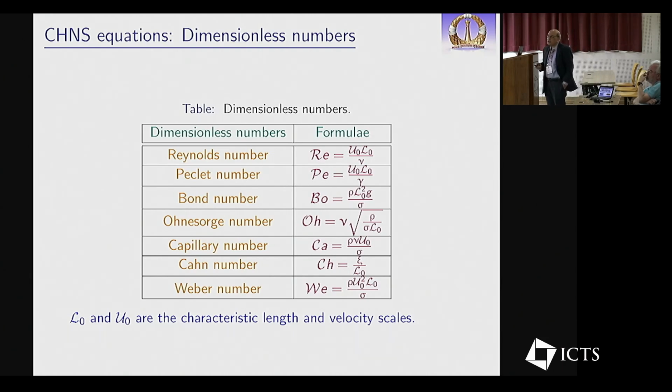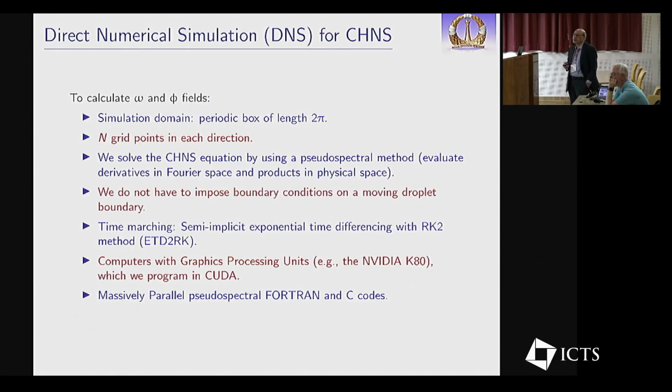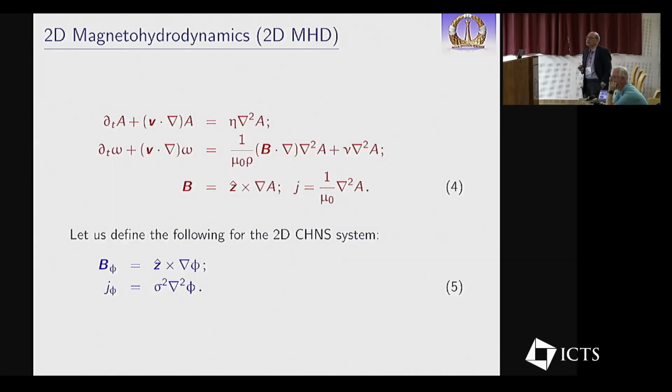Today we will concentrate on the capillary number, which is related inversely to the surface tension. And that is the parameter we will tune to get to low Reynolds number turbulence in this system. Okay, again, you can do direct numerical simulations. I will not bore you with details.